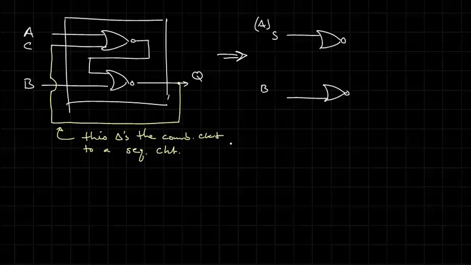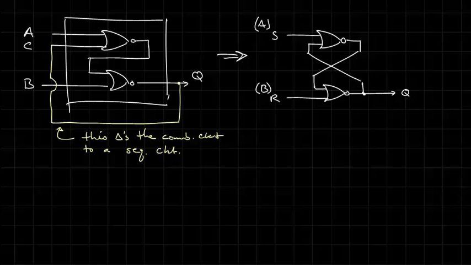This input B I'm going to call R. Take the output of the first NOR gate, send it to the input of the second. The output here we'll call Q, and then the output of Q goes back to the input of the first NOR gate, and we'll draw that in this manner.